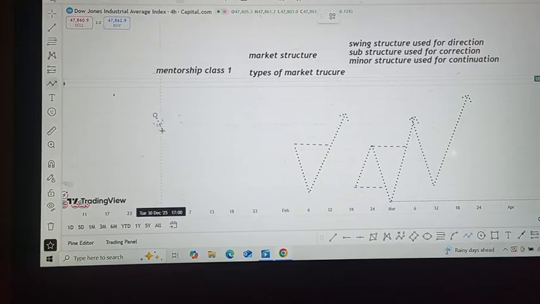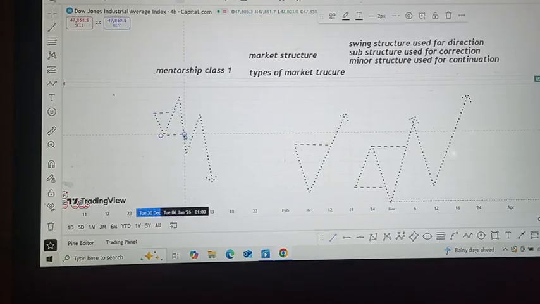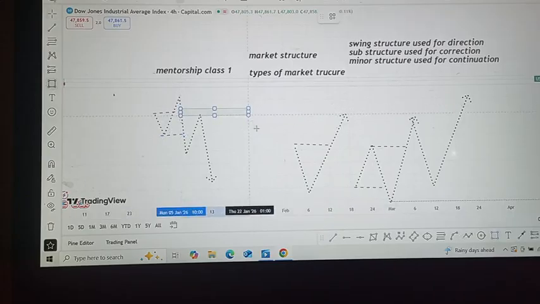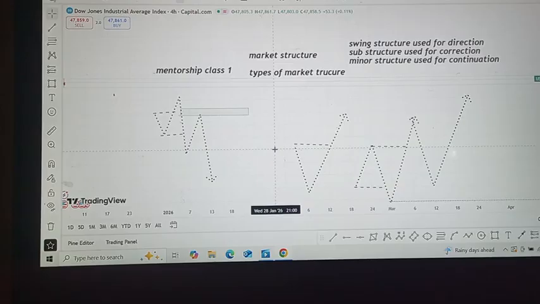We want to see a sweep of the previous high, a break of structure, then pull back into the premium zone, then continue. We want to see a sweep, then a break, then pull back, then we'll continue. That is the market structure that you would want to know, what market does exactly.